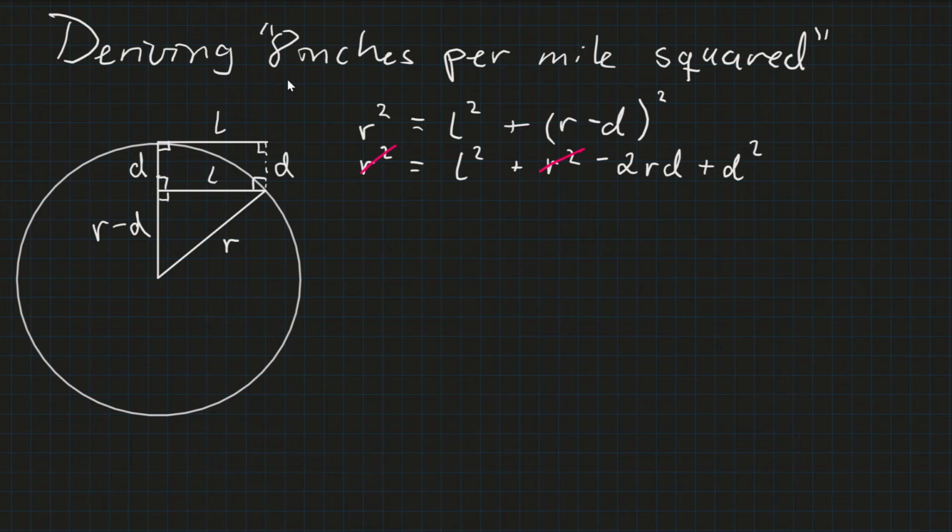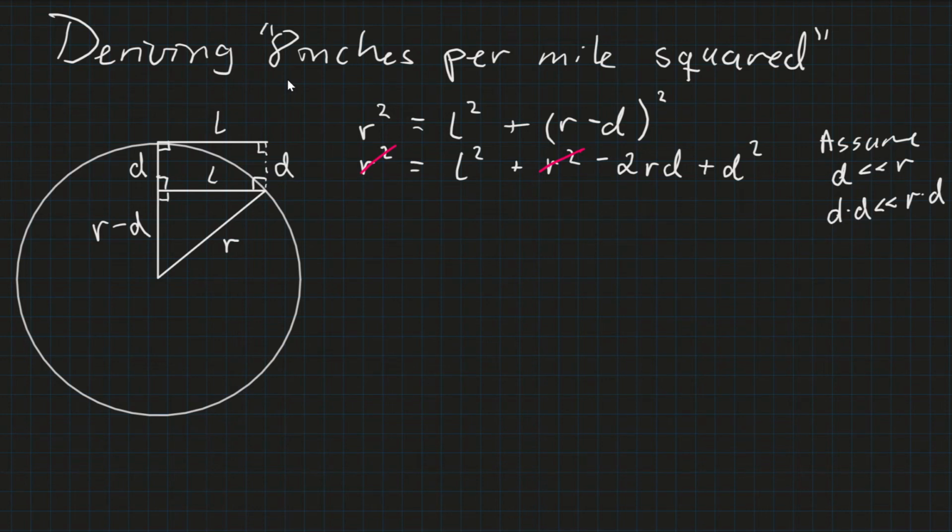So we're going to make an assumption that d is much less than R. So, of course, it follows that d times d is still much less than R times d, right?